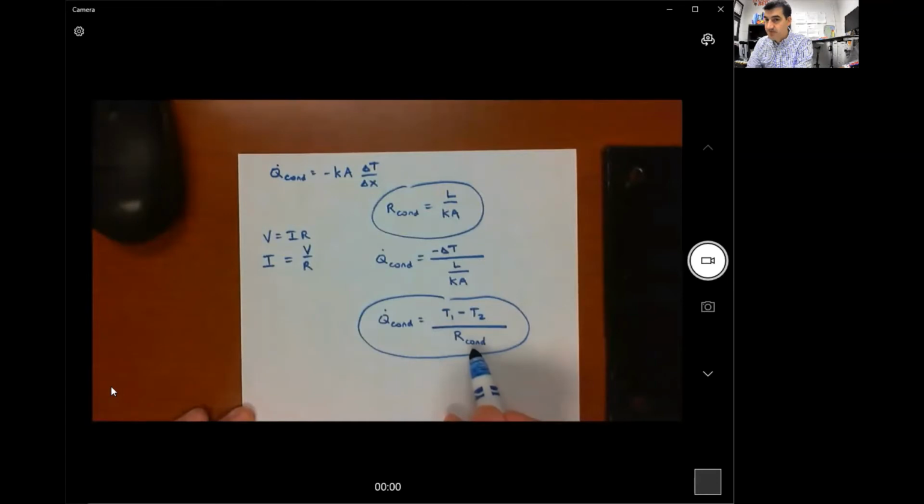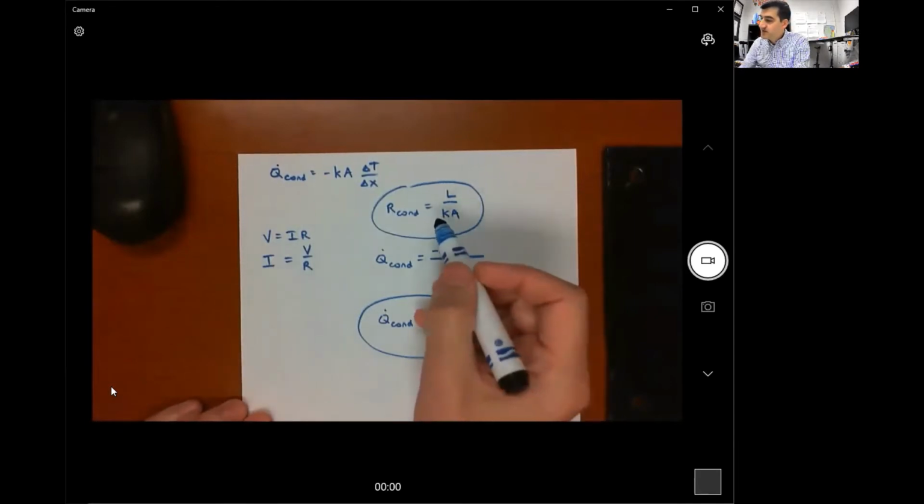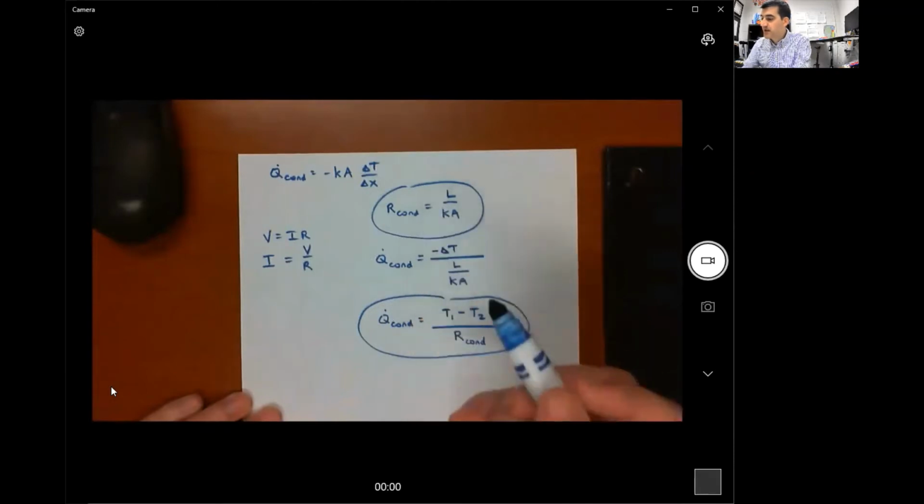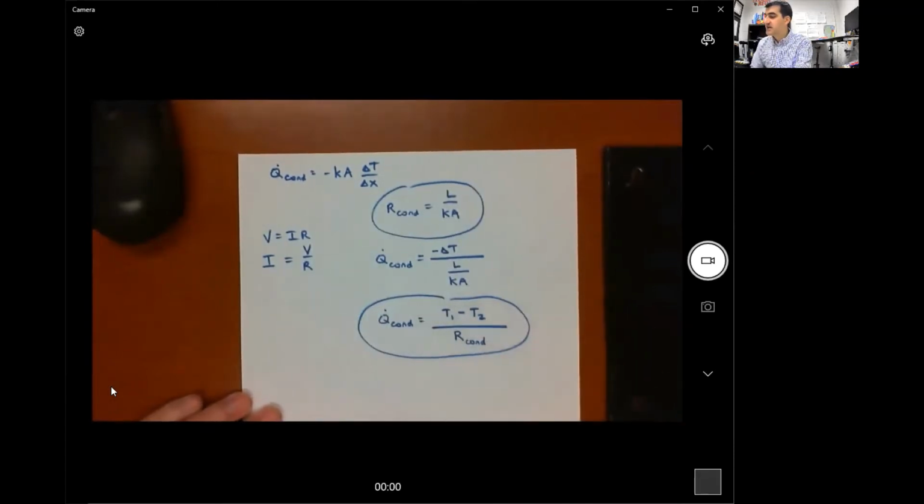And we can solve for the rate of heat transfer due to conduction. The idea I wanted to remind you of once again is that we had to be a little bit clever about what we defined as the thermal resistance, so that we could plug it into a nice simple equation down here.